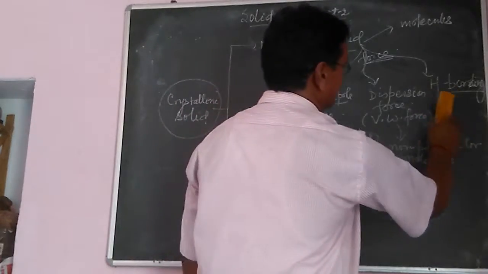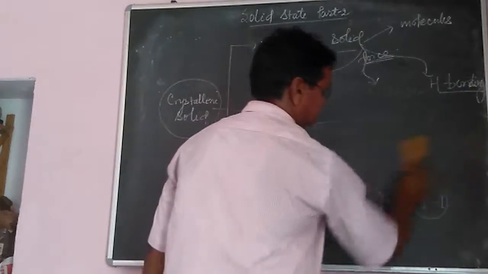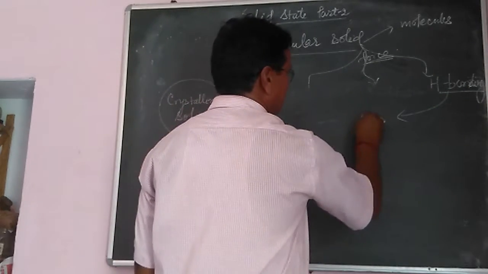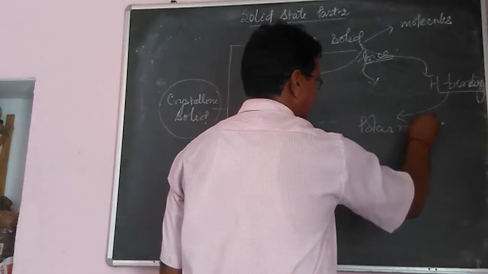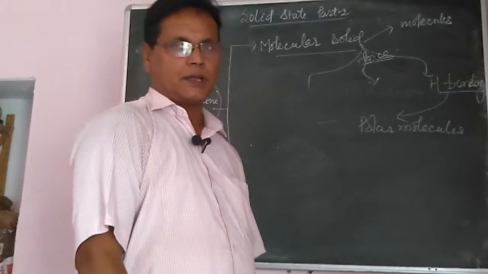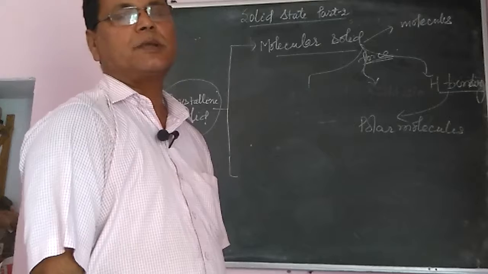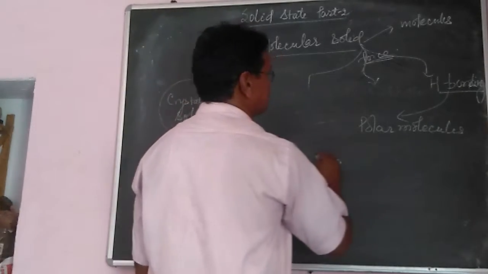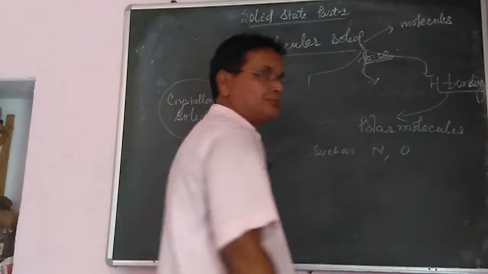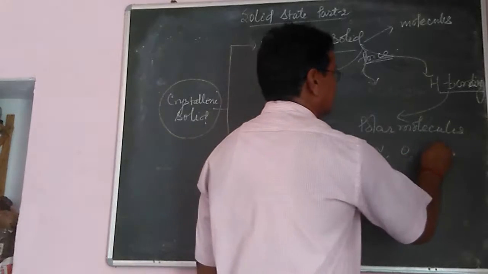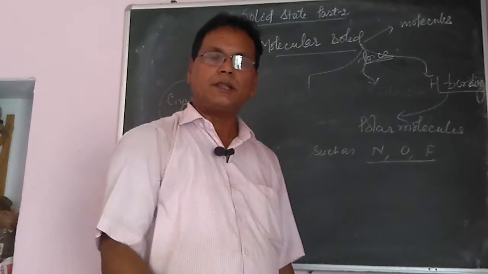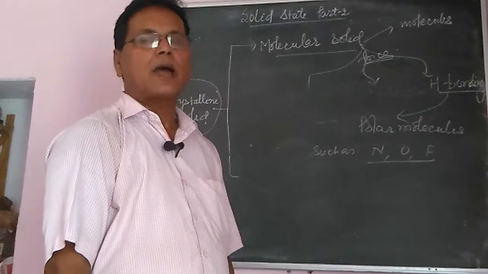But in the case of hydrogen bonding, see, it also exists in polar molecules. But in it, one of the atoms must be highly electronegative, such as nitrogen, oxygen, chlorine. These are highly electronegative, and these are present in molecules containing hydrogen.